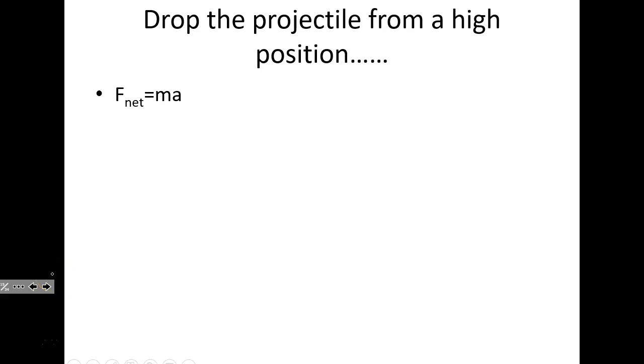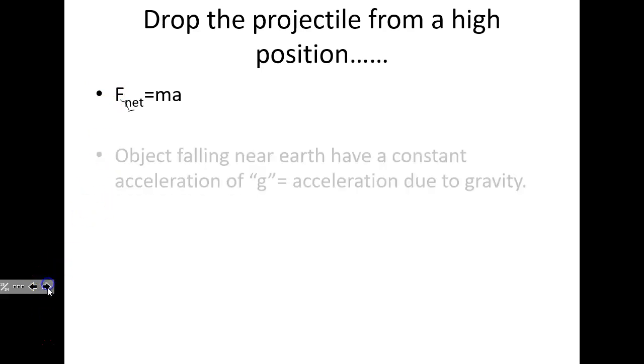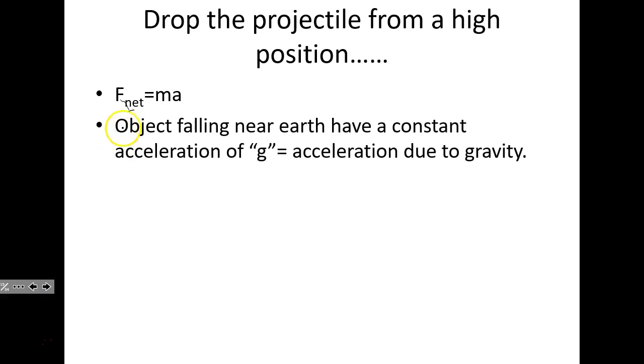So to explain that, if you drop the projectile from a high position, then we've got a net force that's not equal to 0. So we've got F net is equal to m times a. This is Newton's second law. And for an object that's falling near Earth, it has a constant acceleration that we call g, the acceleration due to gravity.